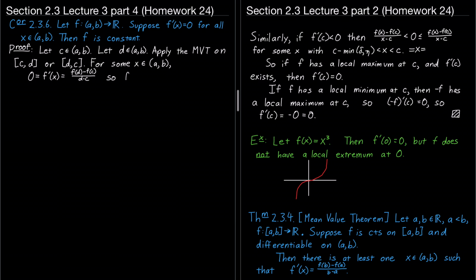So f of d equals f of c. So any point in this interval has the same value, f of c. Any 2 points have the same value, so f is a constant.